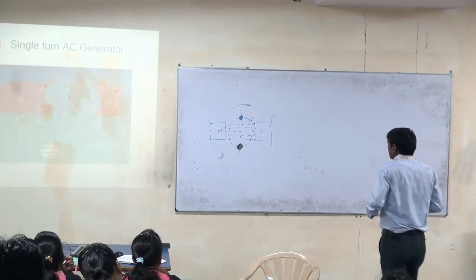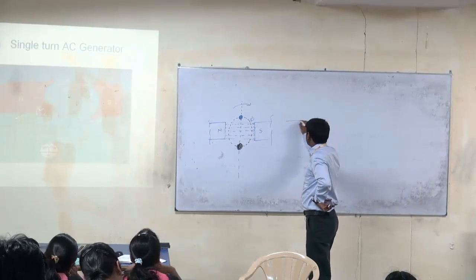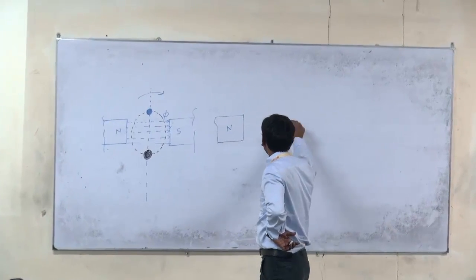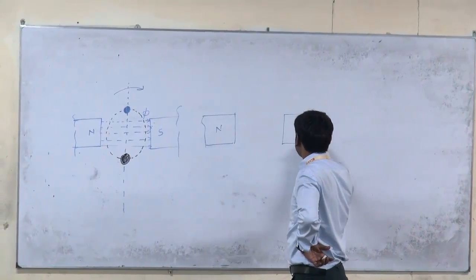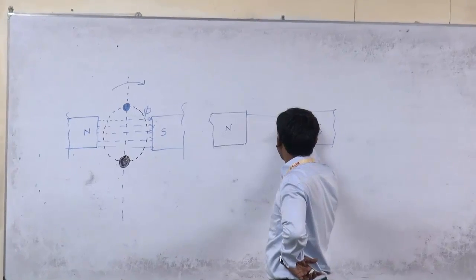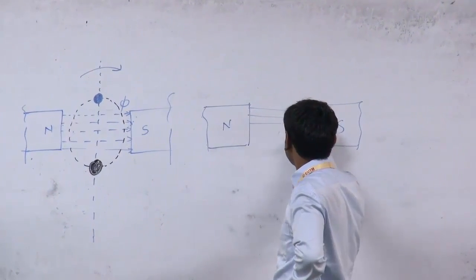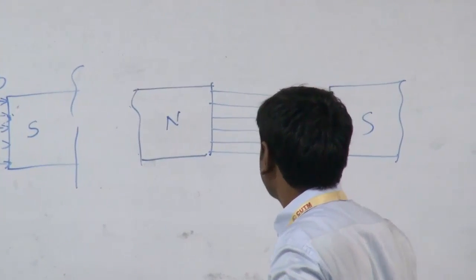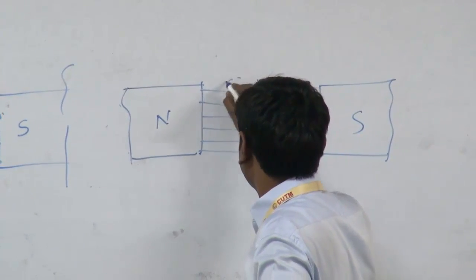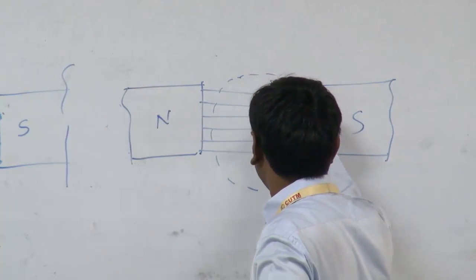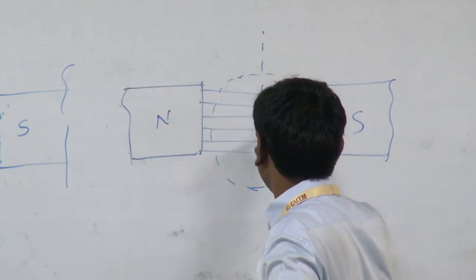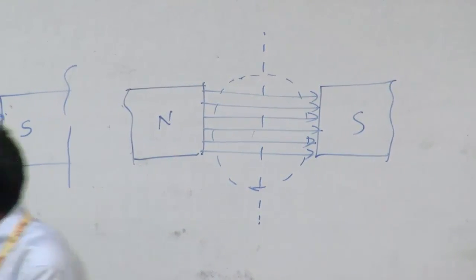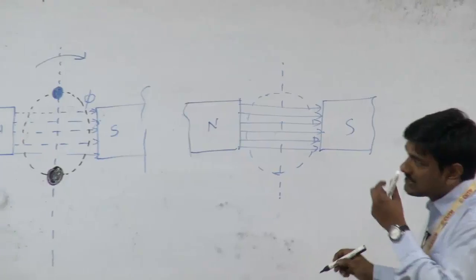So let me draw another diagram. This is the north pole, south pole, so magnetic flux. Let us consider the coil rotates 90 degrees.